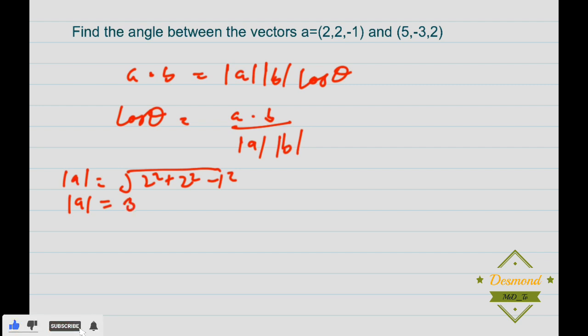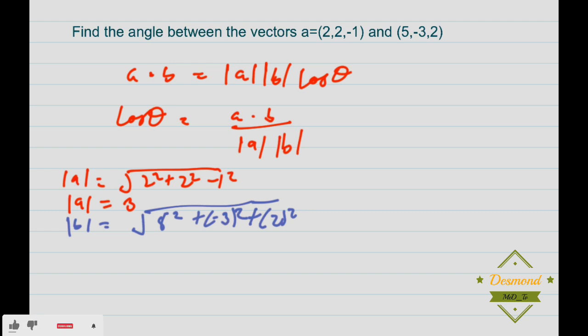And the modulus of B should also be equal to the square root of 5 squared plus -3 squared plus 2 squared. And when we do it, we should get root 38.